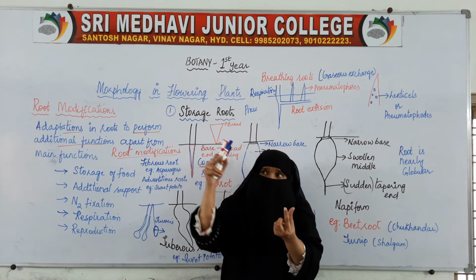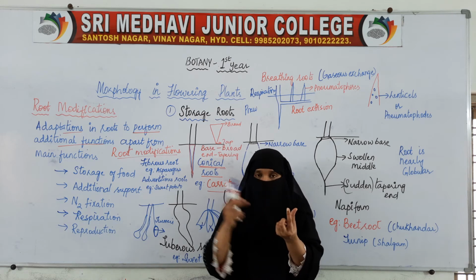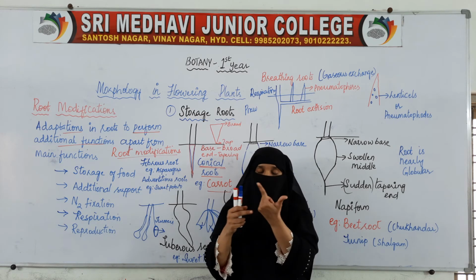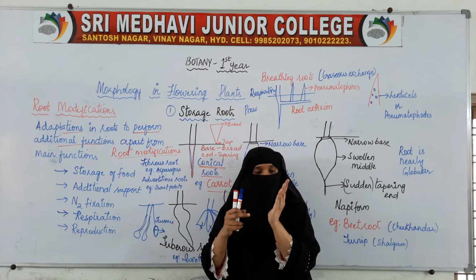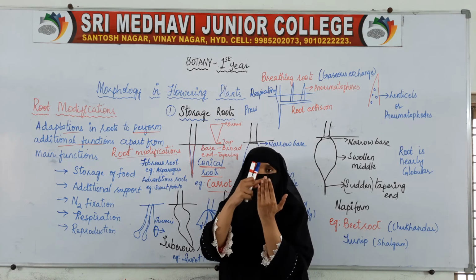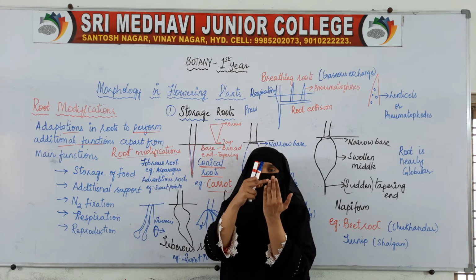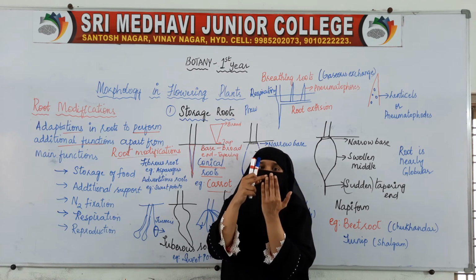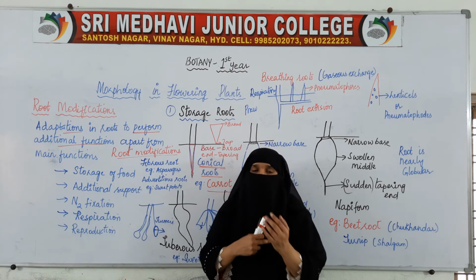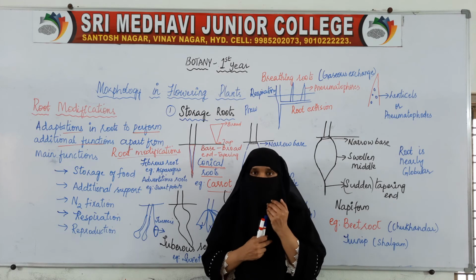Inside that space, air from the atmosphere will go. For example, this is one particle, this is one particle, and this is the land. The soil particles will be close to each other, so in between the particles, space will be present.